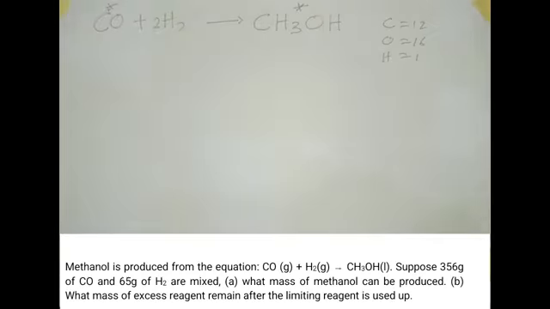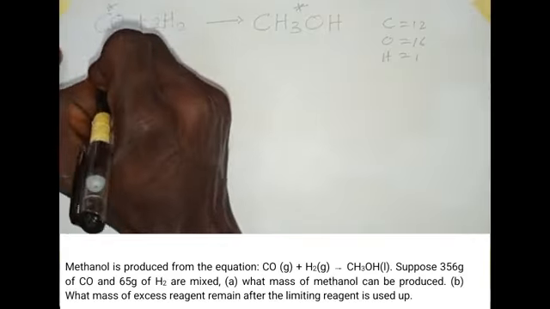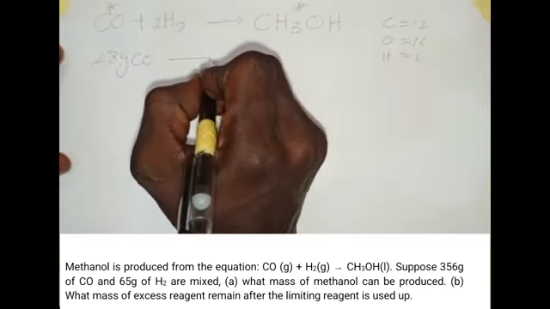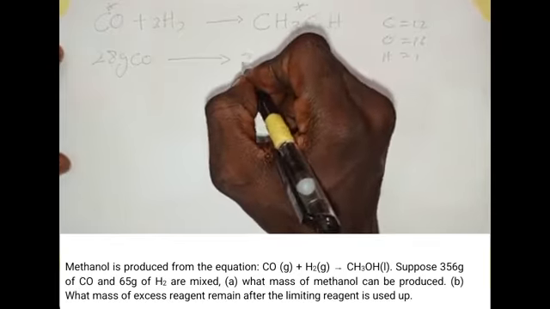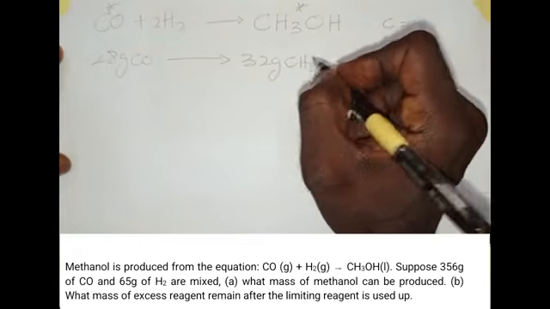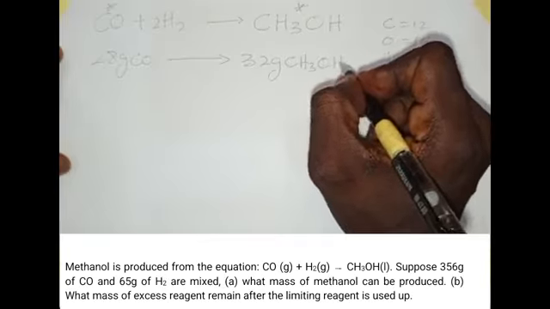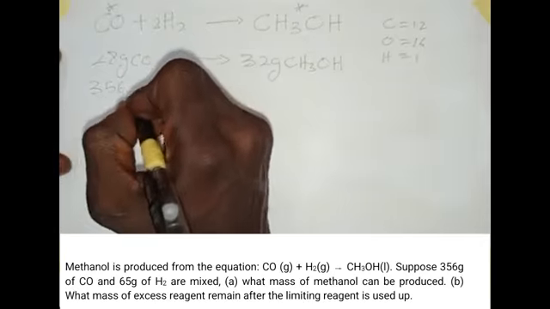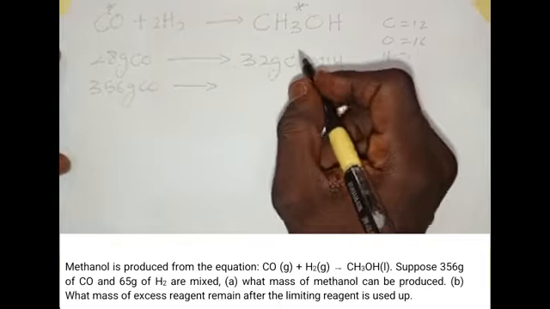Alright, so this is the stoichiometry. From the balanced equation, I have that 28 grams of carbon monoxide will always produce, the molecular weight here is 32 grams of methanol. Therefore, 356 grams of carbon monoxide will produce what quantity of methanol?